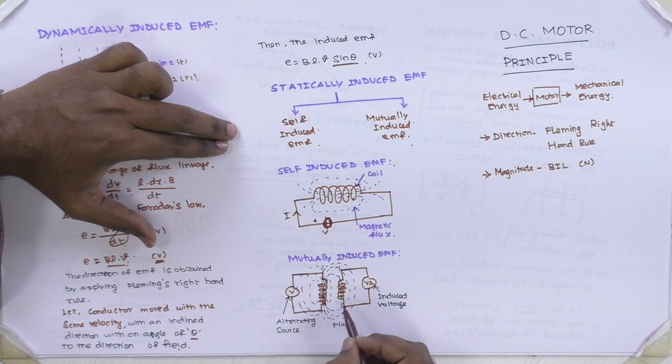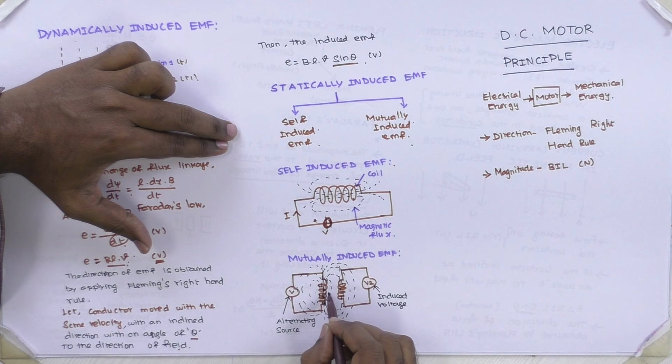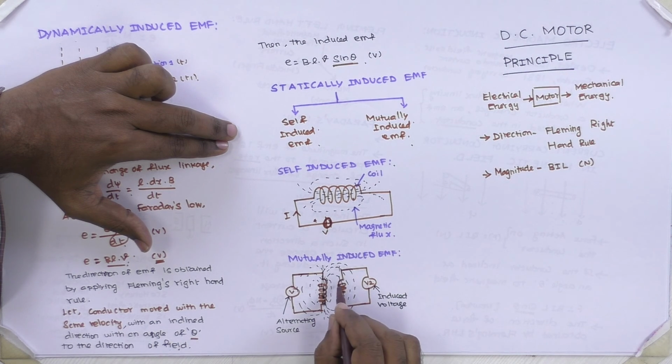See this circuit, here the alternating source is given to the coil. Due to the supply, initially the flux is set up around the coil. This flux is called self-induced flux. Due to the flux linkages, the nearby coil is also energized, so the nearby coil also sets up magnetic flux. This flux is called mutual flux. Due to this flux, an EMF is induced in the coil.